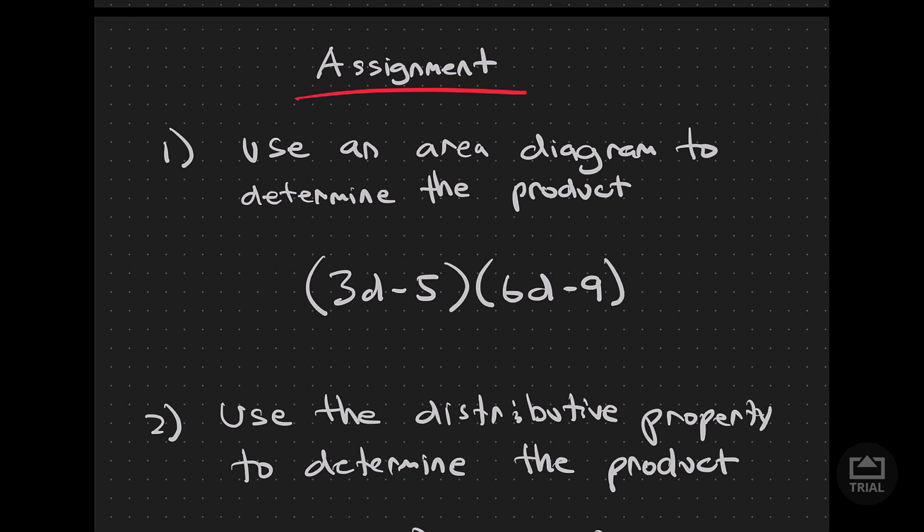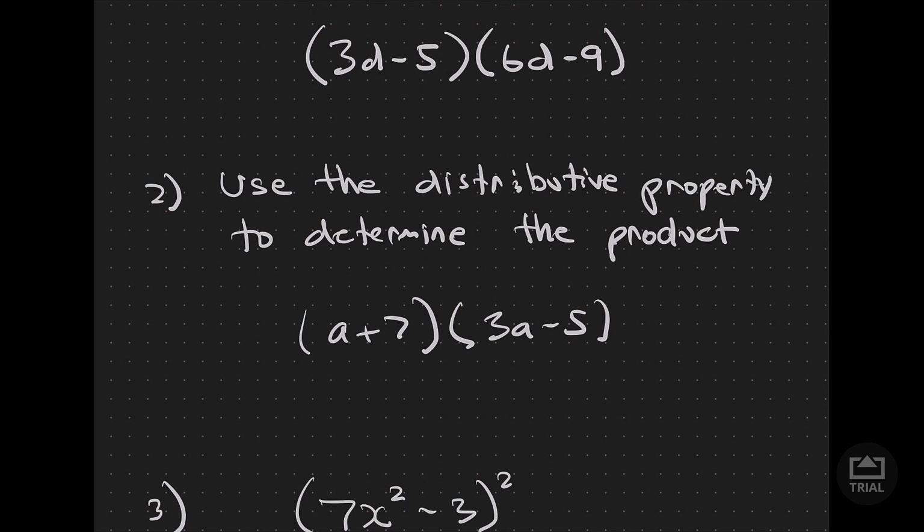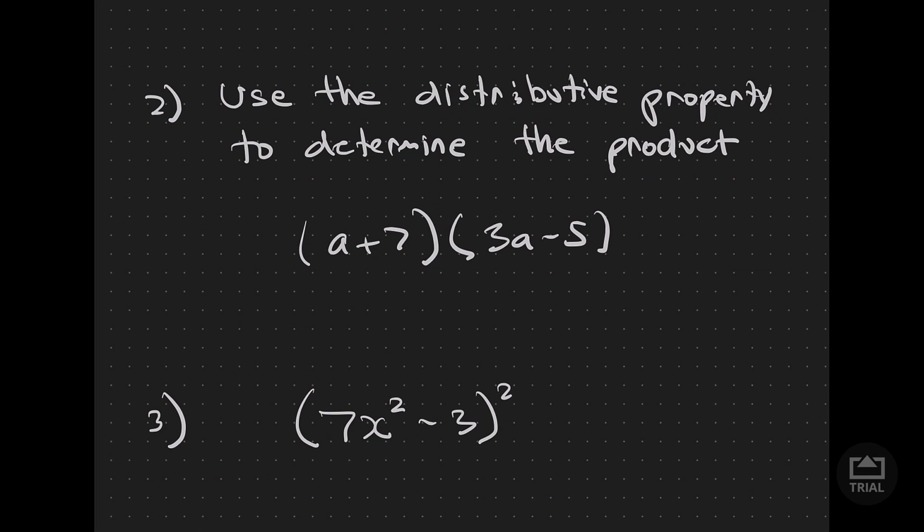So number 1, use an area diagram to determine the product of those two binomials and make sure that you're showing all your work. Number 2 is use the distributive property, like FOIL, to determine the product of a plus 7 and 3a minus 5.